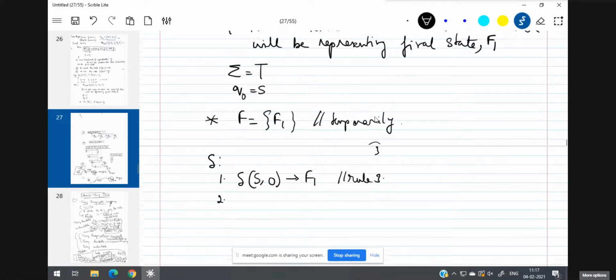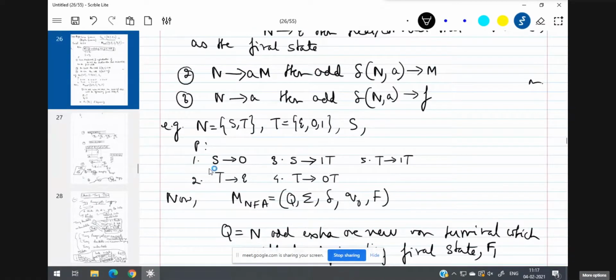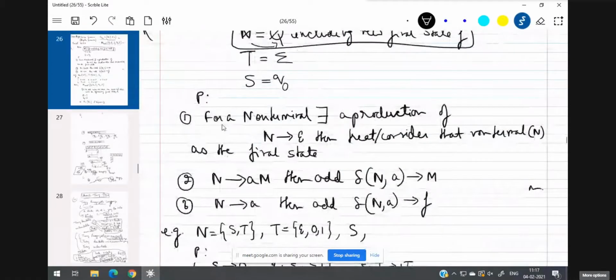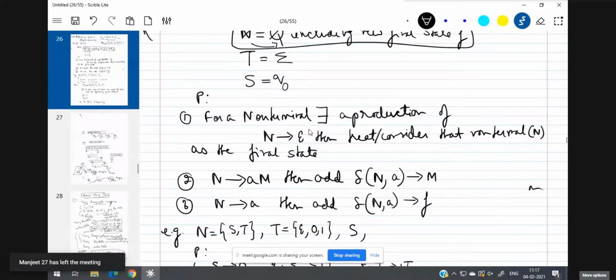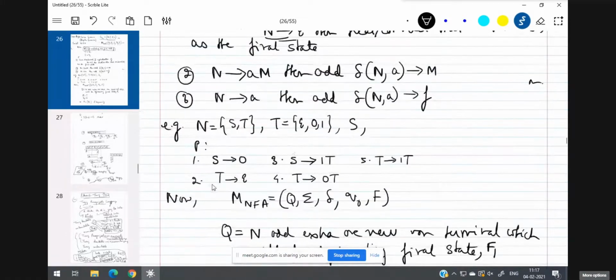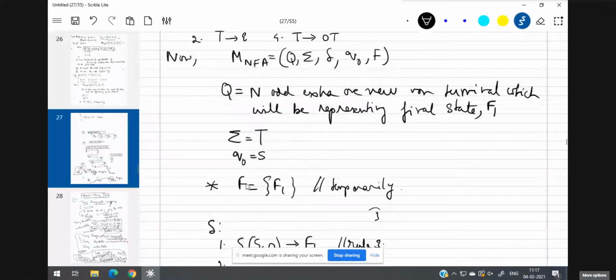Now number 2. Production number 2, T is replaceable by epsilon. As per rule number 1, for any of the non-terminals in your regular grammar, if a production of this format exists, then you have to treat that non-terminal as a final state. Now, as per production rule number 2, T is replaceable by epsilon.